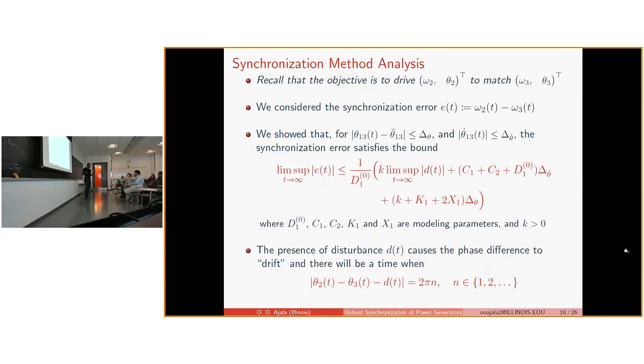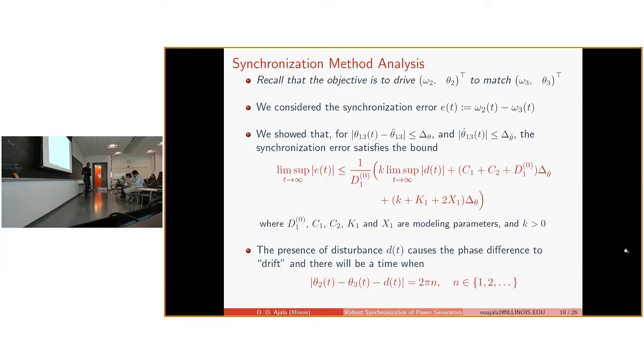That's the difference in the frequency of the bus and the frequency of the generator that we're trying to synchronize. And we're able to show that if this is bounded, that is the change in the phase is bounded and the change in the frequency is bounded, that the synchronization error satisfies the following bound.